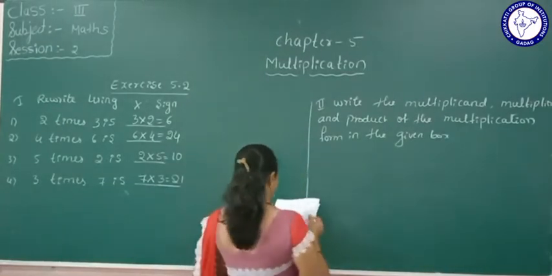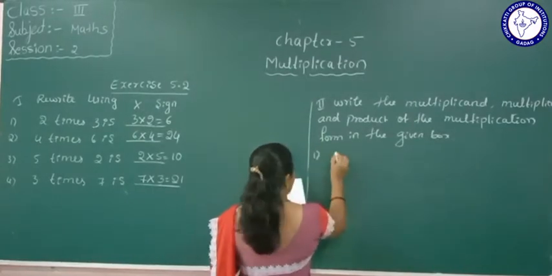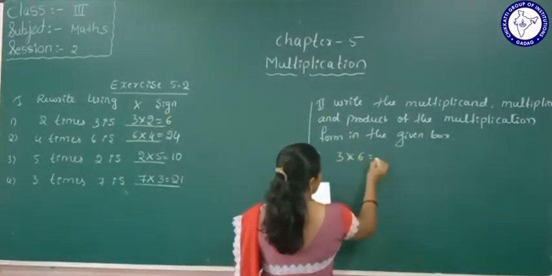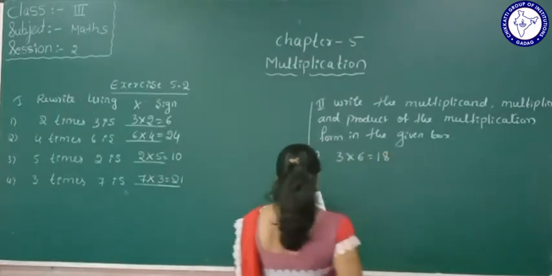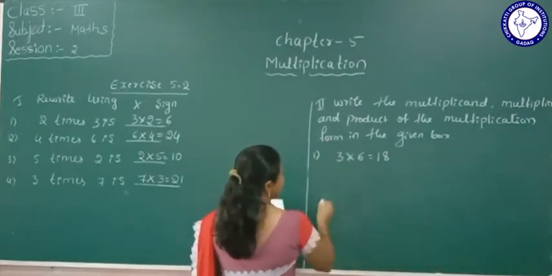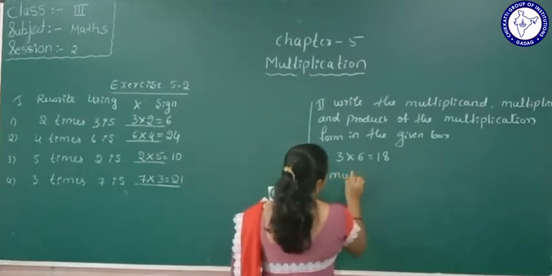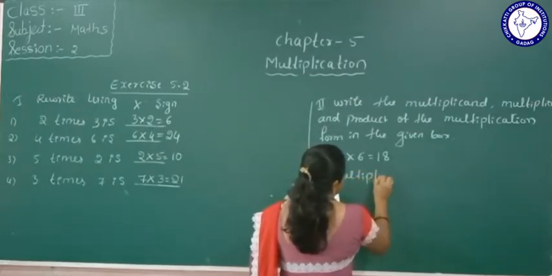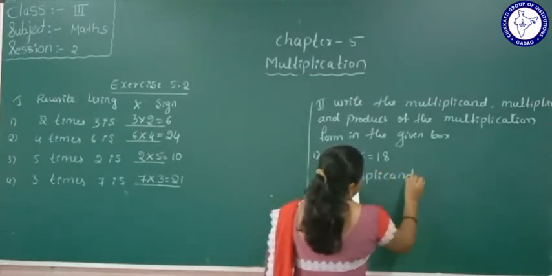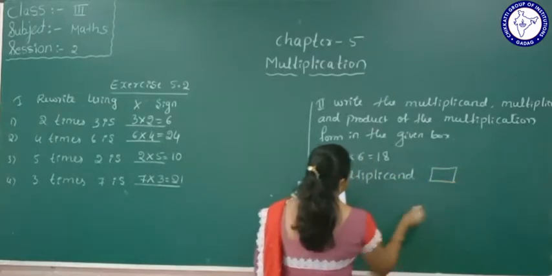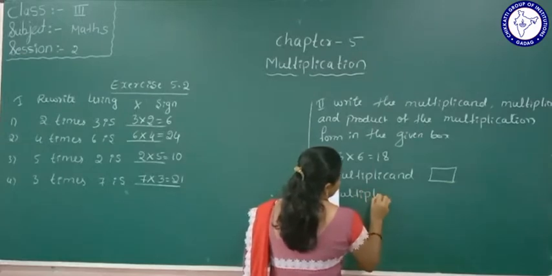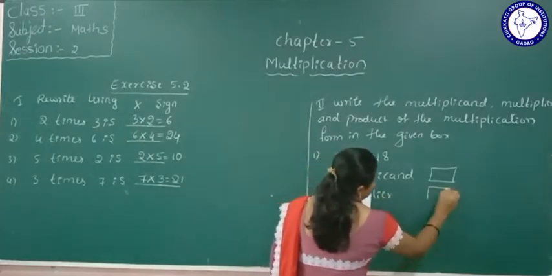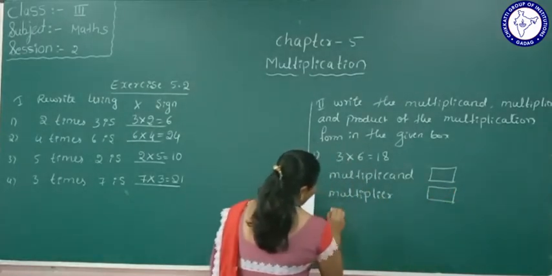See here, first one they have given here 3 into 6 is equal to how much? Yes, 3 sixes are 18. Okay, here see students, which is the multiplicand, next one multiplier, next one product.